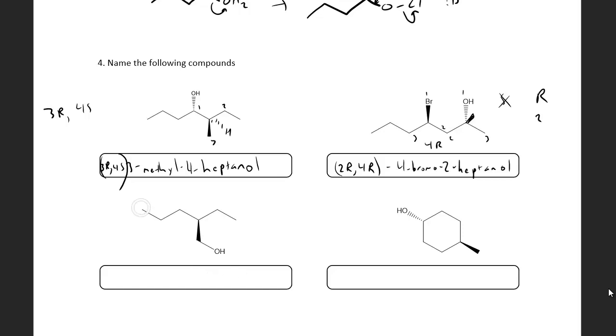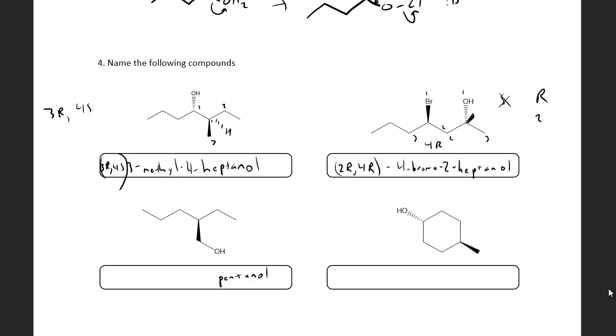All right, so for this, we have carbon number 1, where alcohol is, and carbon number 2, which is a stereocenter, and also has an ethyl group off of it. So this is pentanol, where alcohol is at the 1 position, so there's no need to number it.